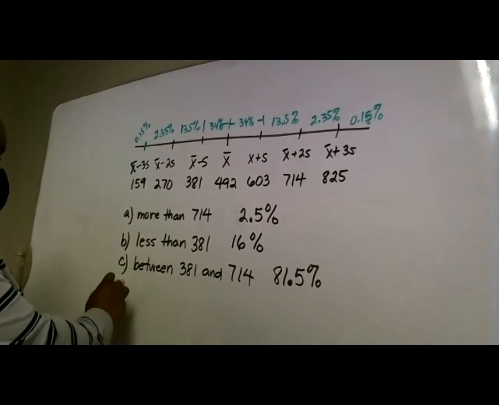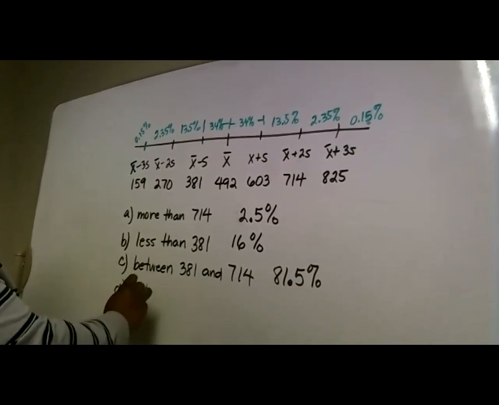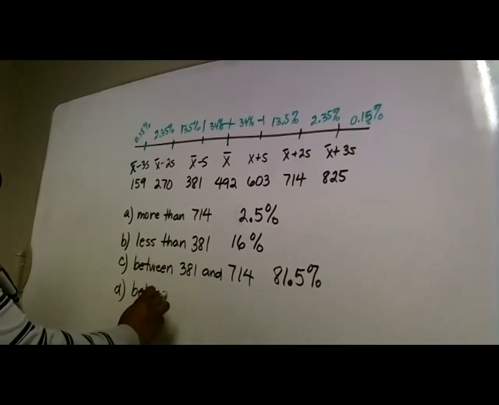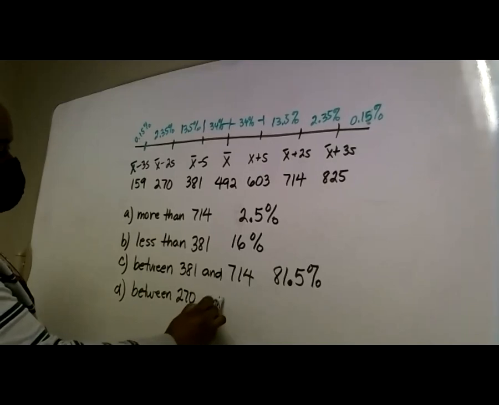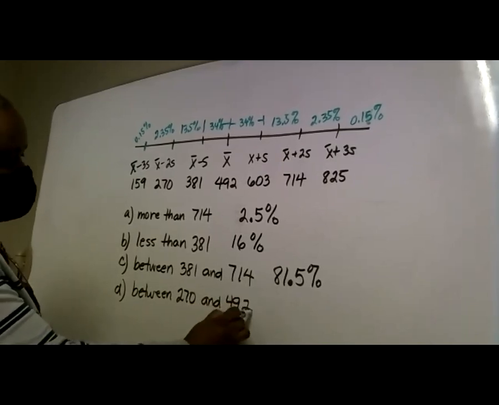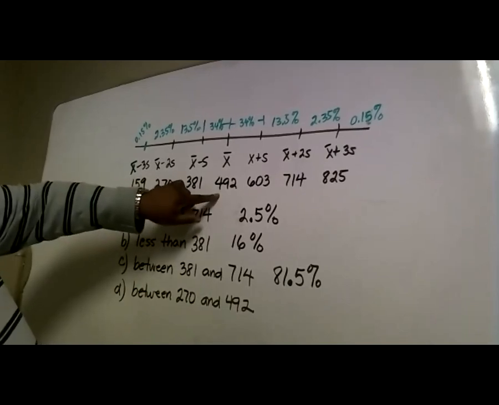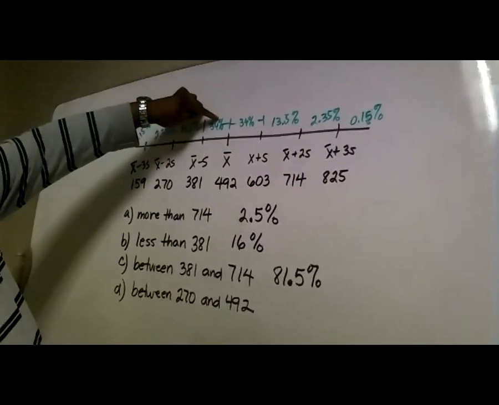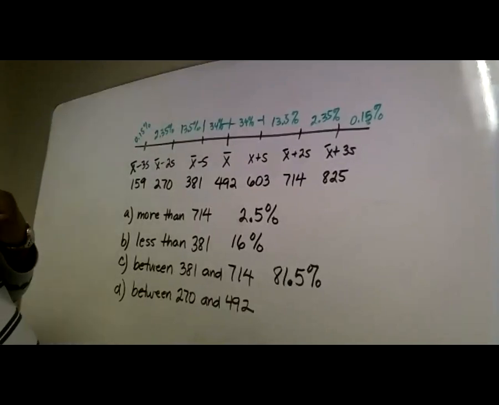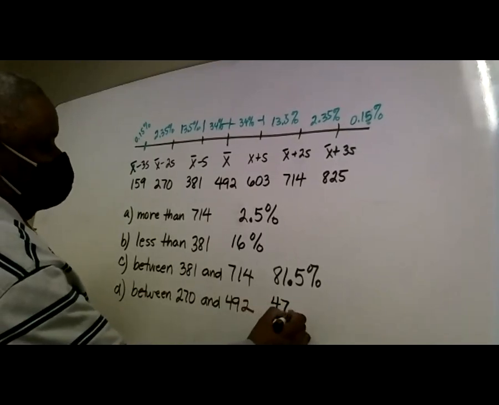And finally, part D, between 270 and 492. So here's 270, here's 492. So we're looking at 13.5 and 34%, which would give us how much? 47.5%.